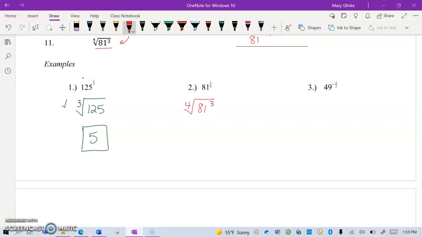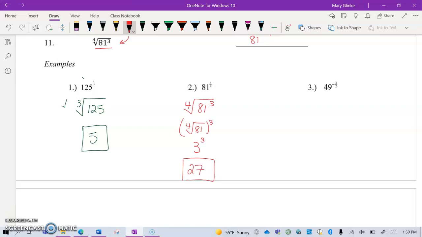You could do 81 cubed first and then take the fourth root of that, but I don't know anyone who knows 81 cubed right off the bat. So instead, I'm going to do the fourth root of 81, get an answer, and cube that. The fourth root of 81 is 3, and now I can take that answer and cube it to get 27 as my final answer.